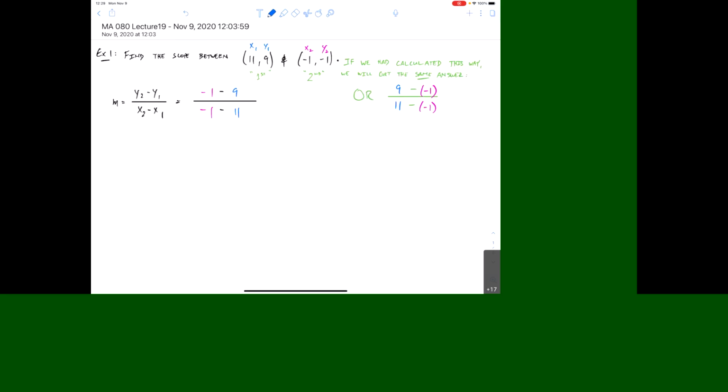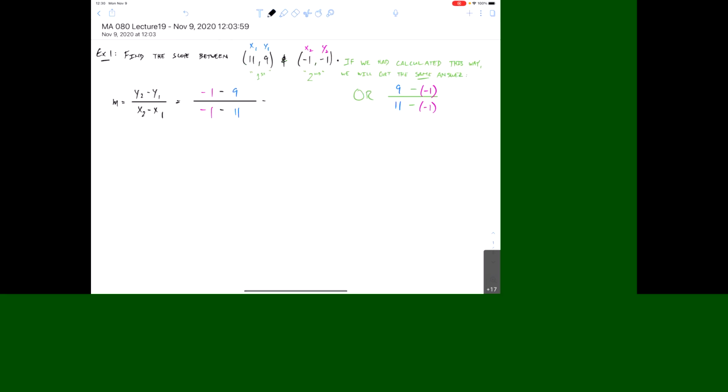So as long as people, and people could mean you as a class, or people I've taught in the past, or people in the future, or people that ever do a slope formula like this, as long as they don't mix up where the x's and the y's are supposed to be. Notice how the y's are always on top and the x's are always on bottom. As long as they follow the rules in terms of which points you use first, you'll always get the right answer. In fact, you'll get the right as well as the same answer.